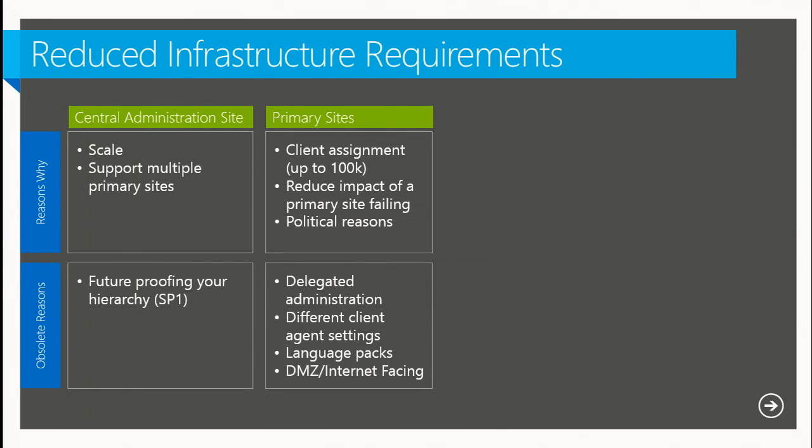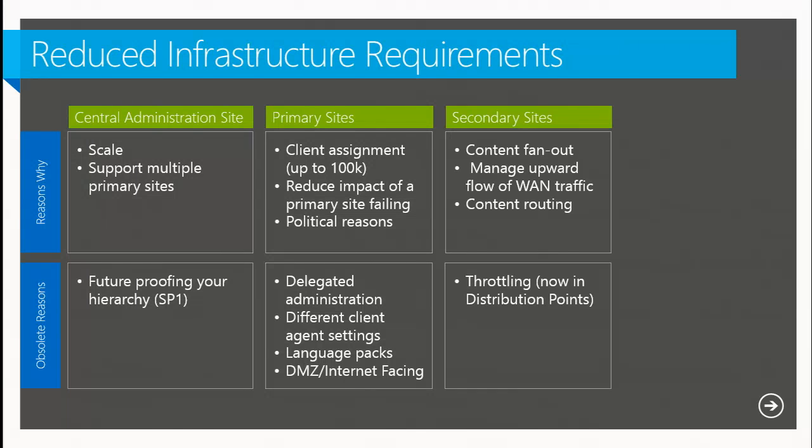With 2012, we have role-based administration for exactly that reason. The delegation, the administrative permissions are completely virtual based on scope, and they have nothing to do with hardware. Similar for client settings, by the way. Client settings are applied to collections, nothing to do with the site, and the same goes for language packs.